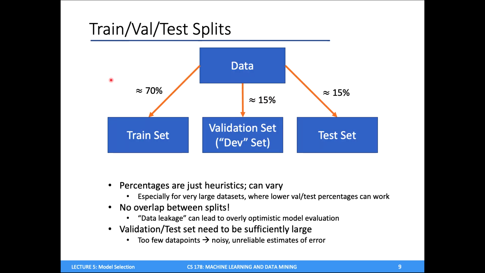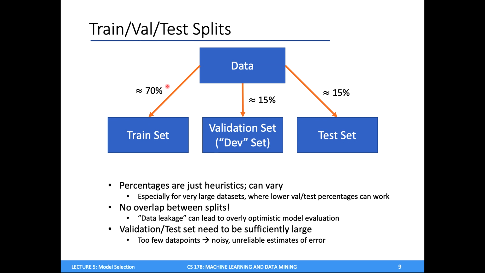So a couple of notes on creating these train validation test splits. The first is that the percentages I'm giving here, this 70, 15, 15, are just heuristics, rules of thumb. You might see something like 80, 10, 10 as another pretty common way of splitting your data. But it's really up to you when you're doing your machine learning tasks how you decide to do these splits.